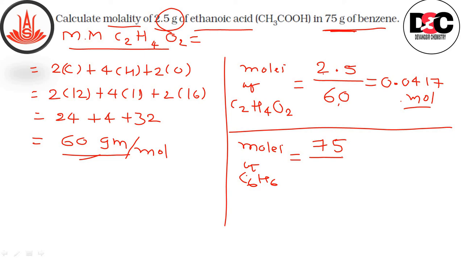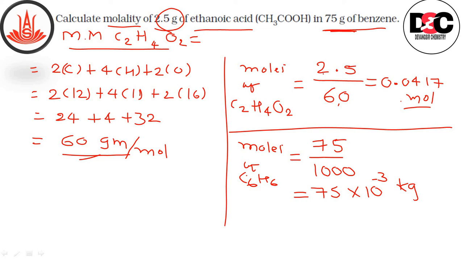So solvent in molality will be written in kilogram, 1 kilogram is 1000 gram. So easily you can write it, that is 75 into 10 raised to minus 3 kg.